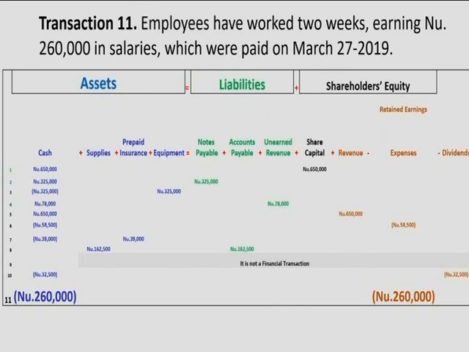Here cash gets reduced by 260,000 because 260,000 cash is being paid as salaries to the newly recruited 10 employees, and this 260,000 is an expense. It has to be recorded in the expense column and later deducted from the revenue. So again, the accounting equation gets automatically adjusted.